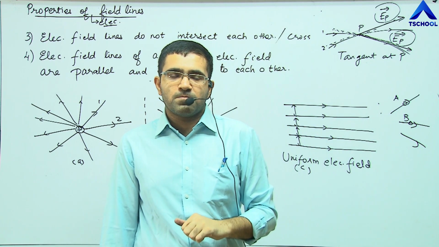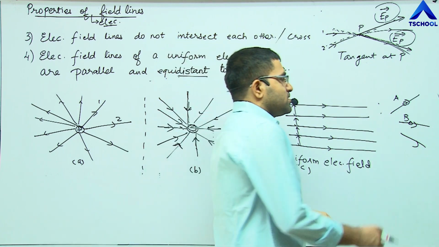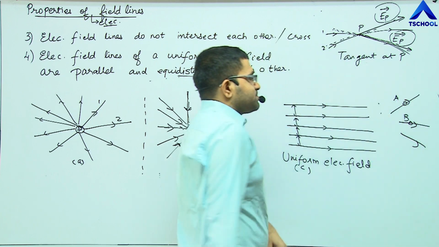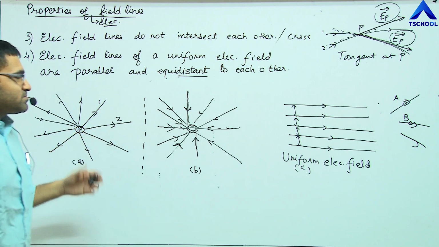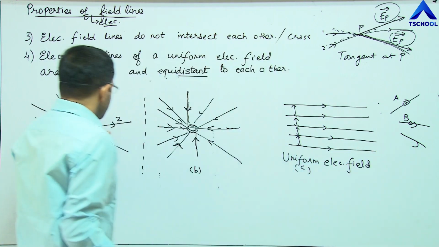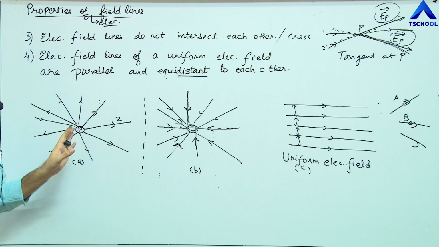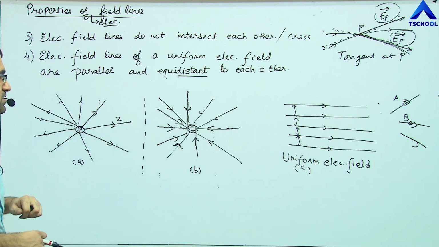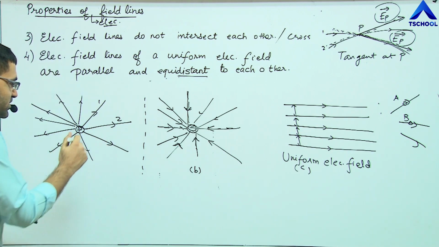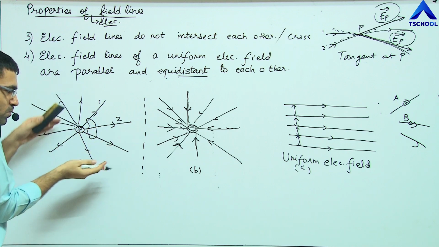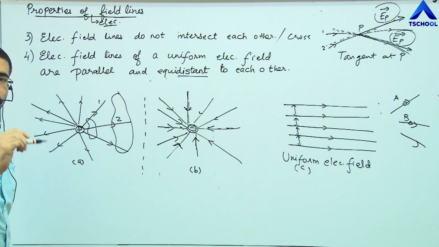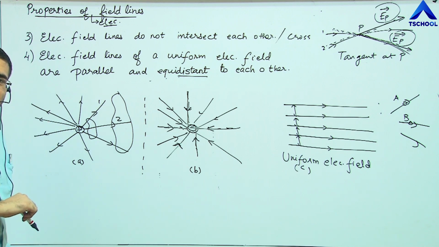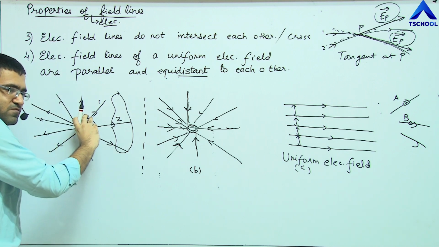That's not uniform. Not only that, this diagram does look like this one, correct? So I want you to notice something. Like I mentioned earlier, over here in this region, these field lines are close to each other. But over here, they are not. They're a bit far from each other, aren't they? So that means in this region, the field is strong.